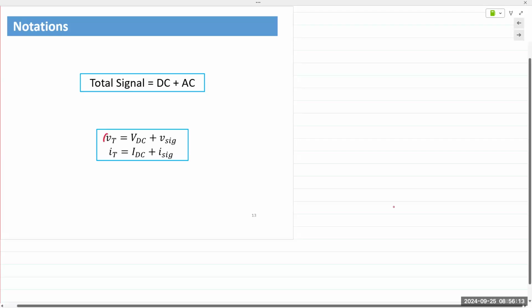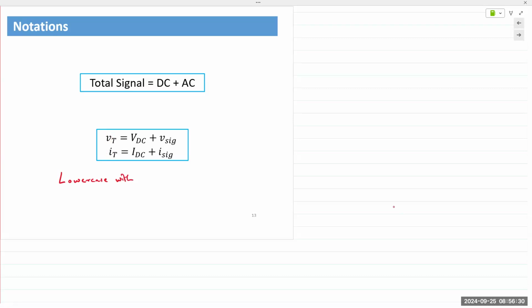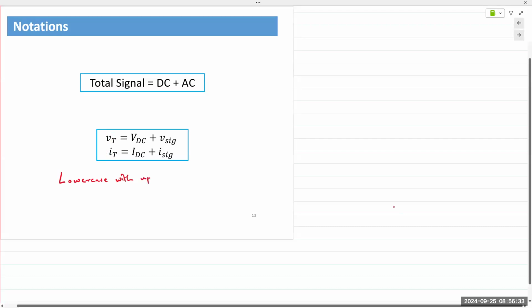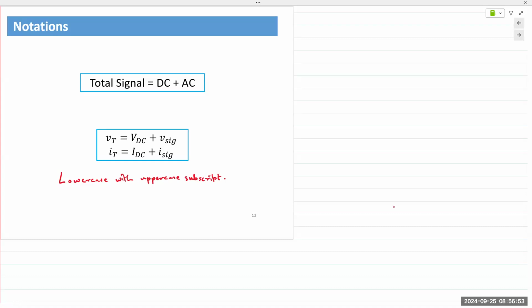You have a lowercase quantity, V and I. Or we used to say small and capital, small letters and capital letters. With uppercase subscript, that refers to the total quantity, total signal at any given point in the circuit.